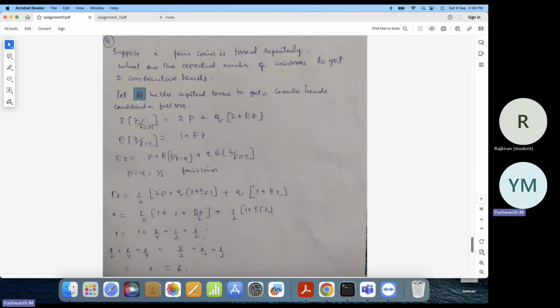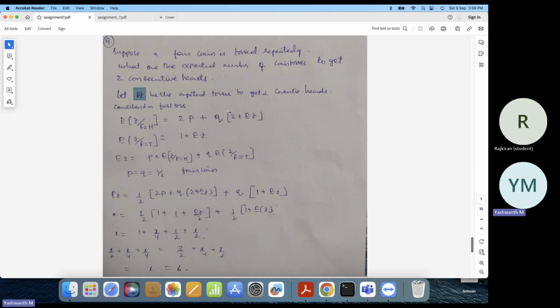And if I get tail on the second toss, I have wasted my two tosses. Two tosses are gone, and additionally, how many tosses do I need? It's as if you are starting the game all over again. So that's why it is E of Z.